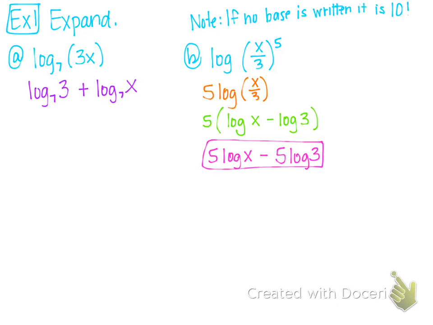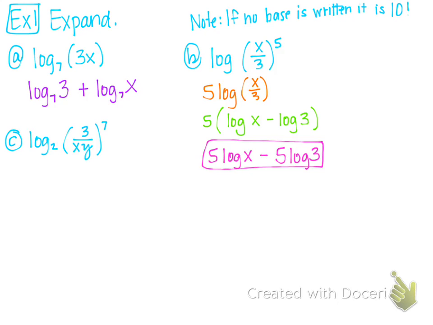Let's do another one of these. So we have log base 2 of 3 over x y to the 7th power. So we've got a lot of things going on in this one. We have a power, so we're going to have to use the power property.